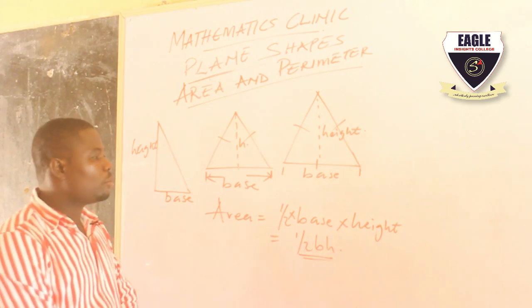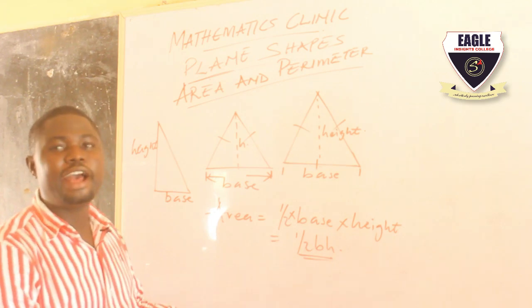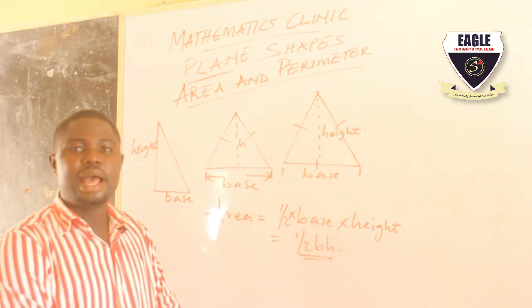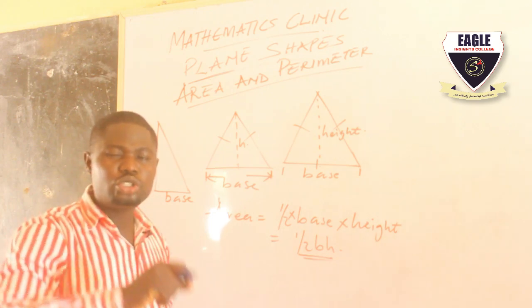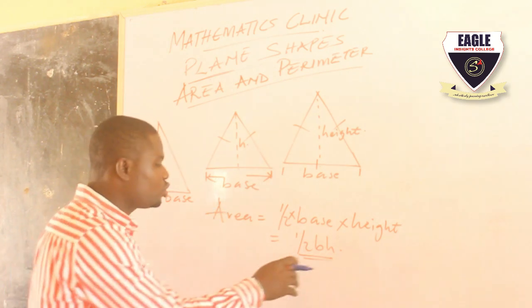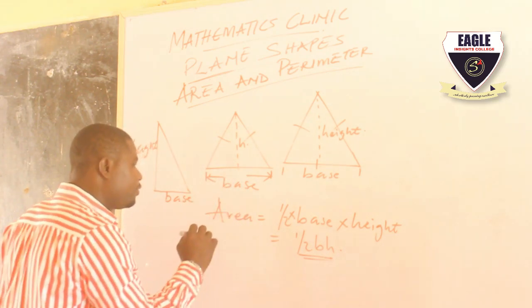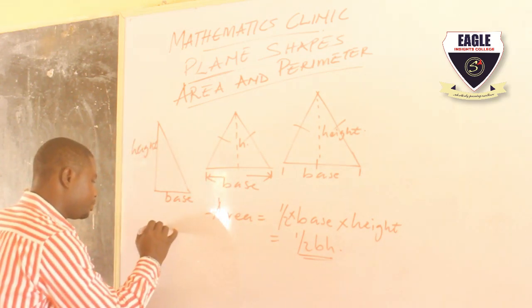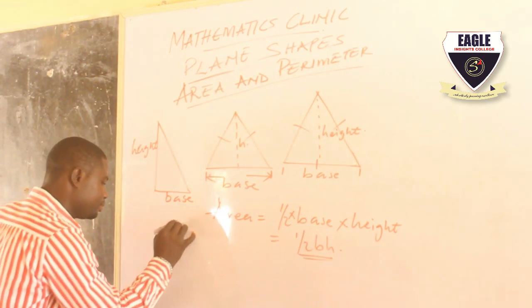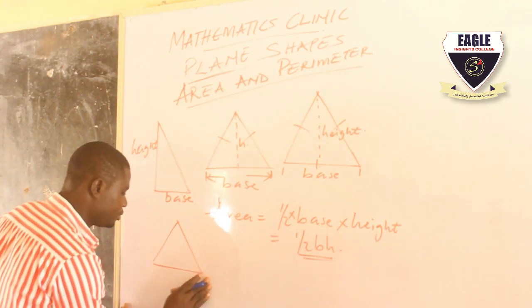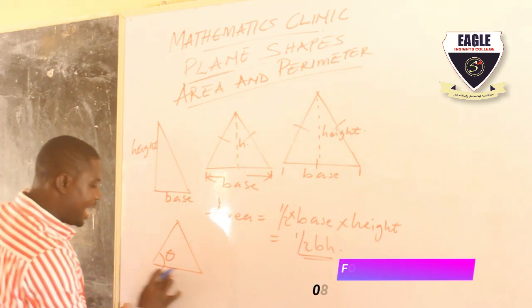However, some questions will come where you are expected to find the area of a triangle and an angle has been given to you. So how do you get that? And we still want to have our base, our height. So if I have this triangle, and I have an angle between this side and this side.